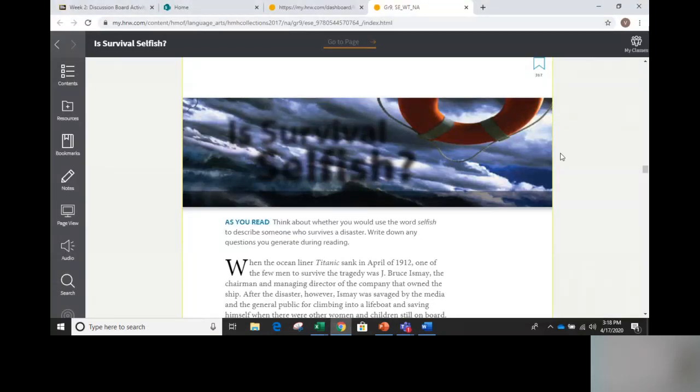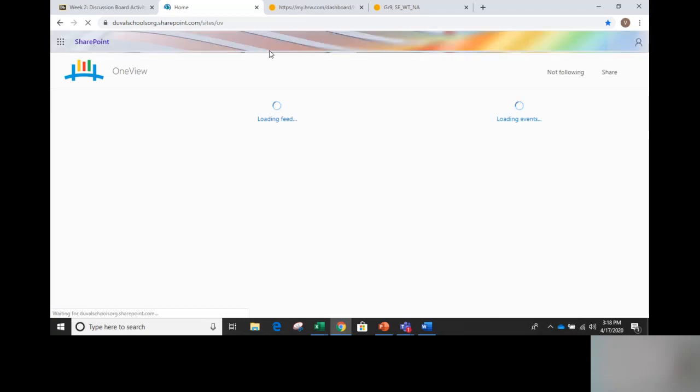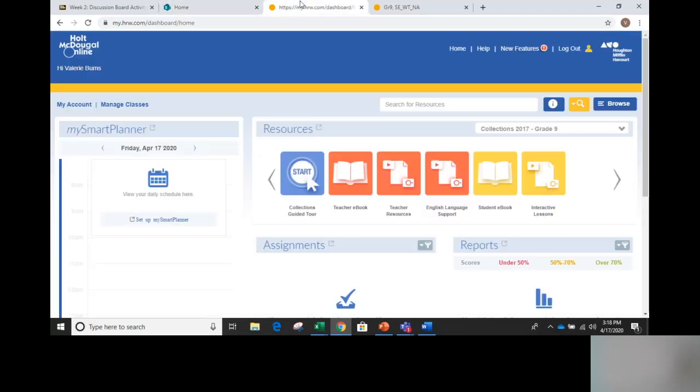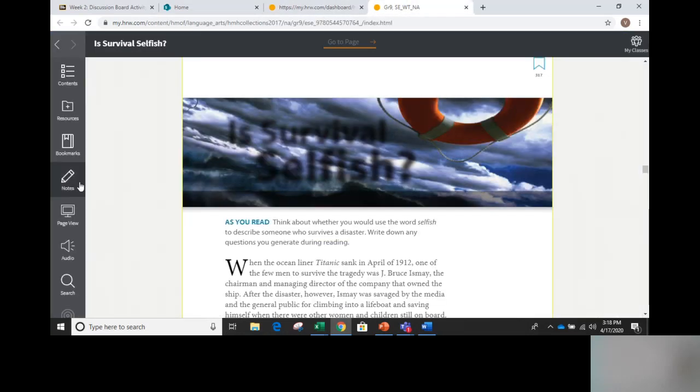So the text here is on page 317. Just as a reminder, when you are going into the MyHRW, you're going to go to One View, go to Blended Learning. You're going to click on MyHRW, click on your student ebook, and it should pull up like this. To find that page, I would just go up here and type in 317 and press enter, and it'll bring me to this page.